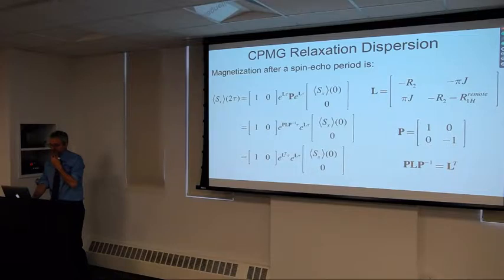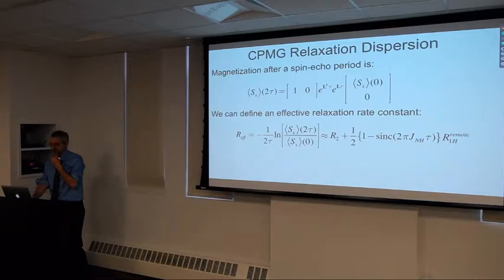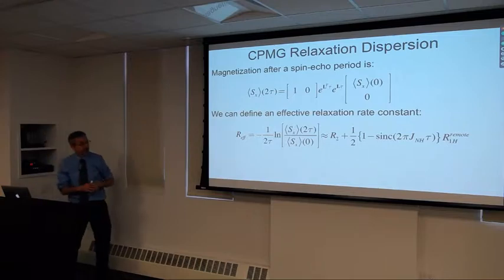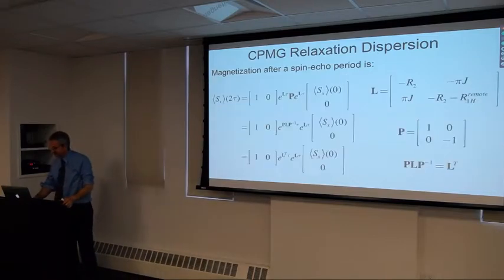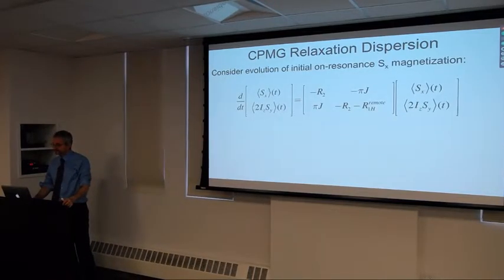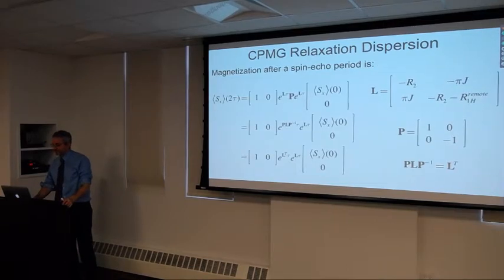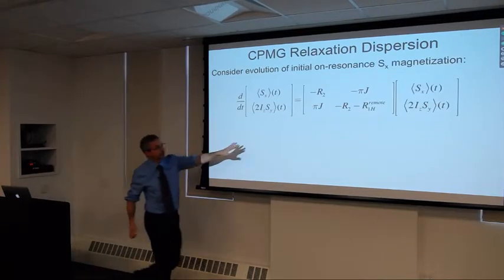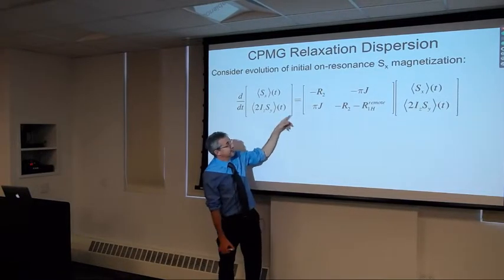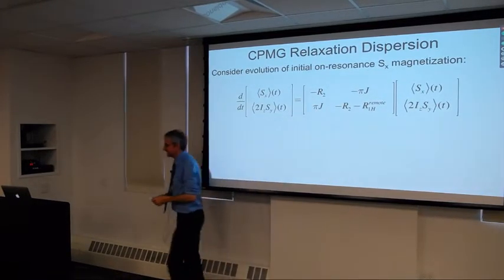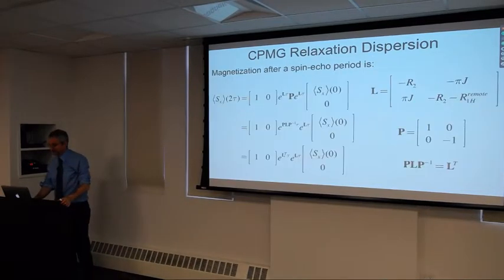This is just some arithmetic. At the end of that arithmetic, for one spin echo, we can then define, I should say a little bit about the arithmetic. So let's call this matrix L. If I call this matrix L, I can integrate this differential equation, and I'll have an exponential, of course.